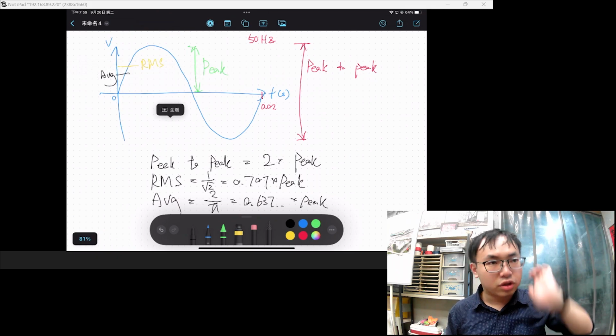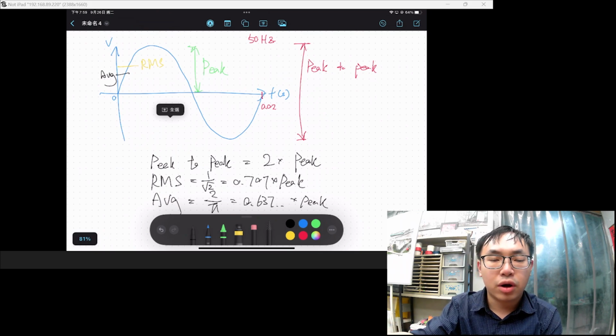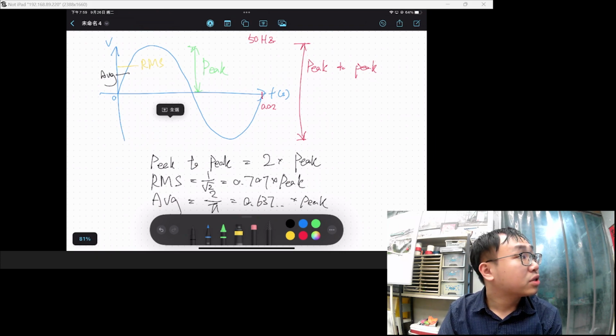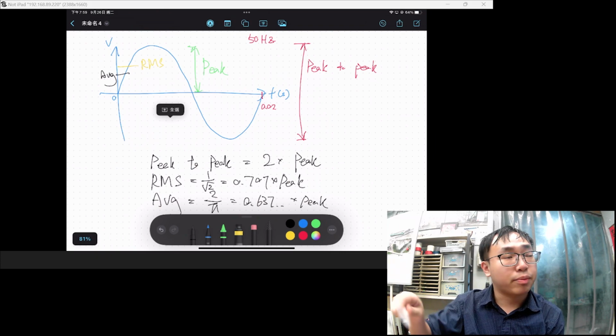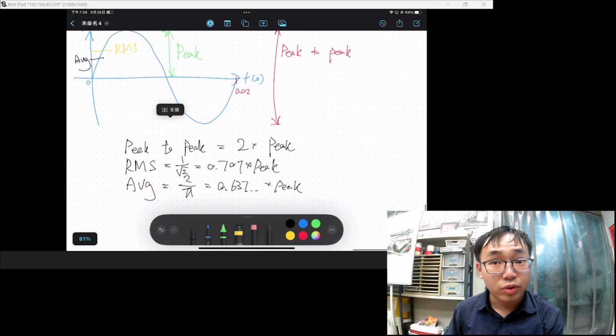The 220 volts in our daily AC circuit is actually the RMS value. So you can calculate the peak value. How do we do it?